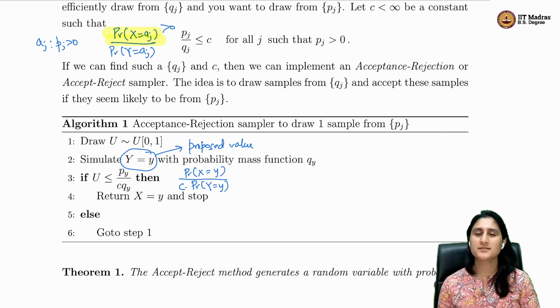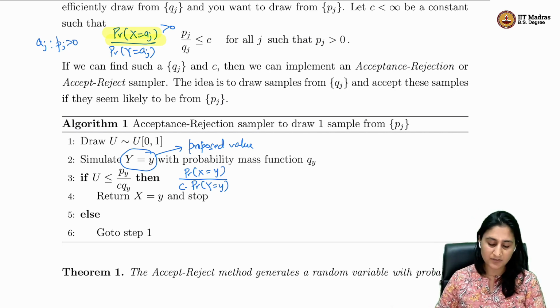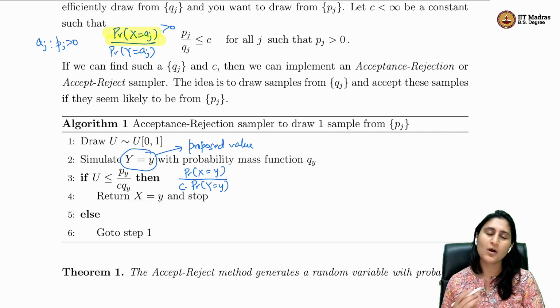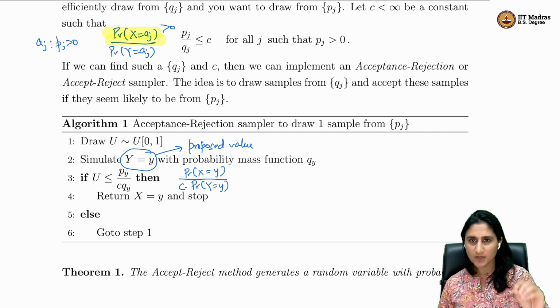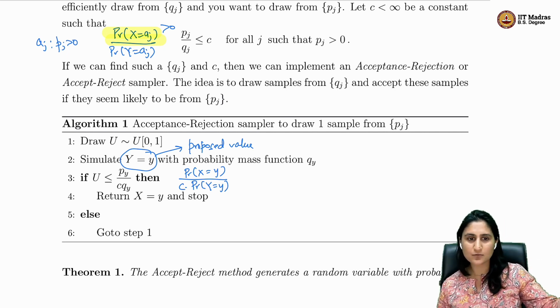Now, why does this make sense? Why does this algorithm, when it stops and returns x equals y, give good values for our desired target distribution? Understand also that if I propose a value y from q that is not a good value, then that gets thrown away.